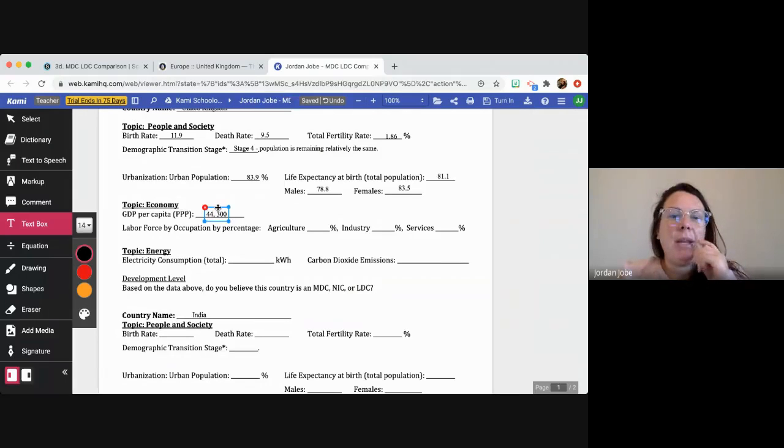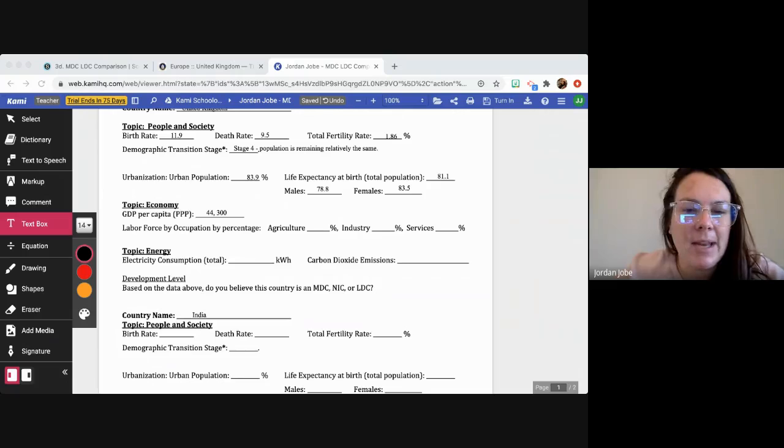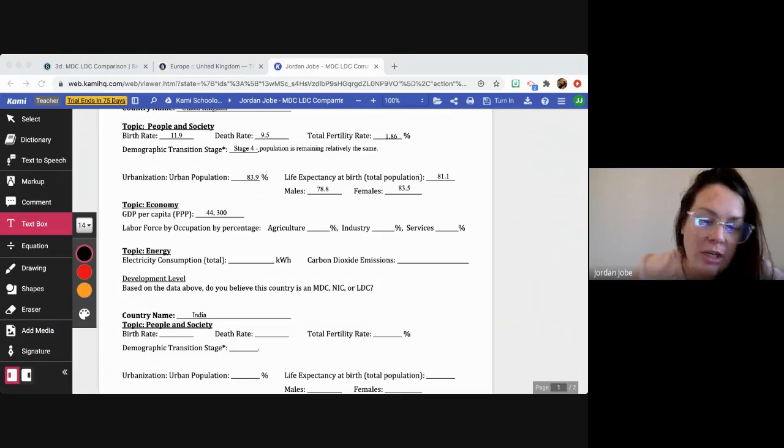What does GDP stand for? And this is a review from your notes. What do those letters stand for? Okay, go back and look in your notes if you need to.